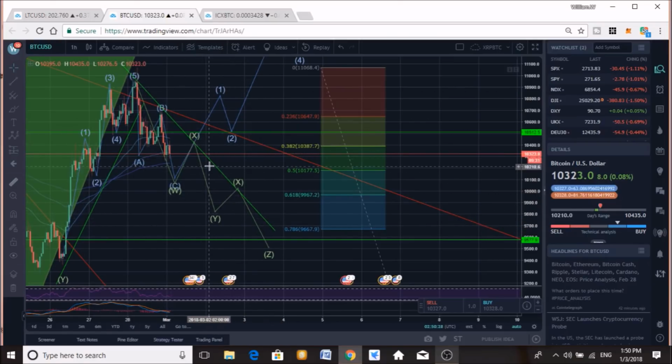So if you want a buy signal out of today's video, I will give it to you. I will be buying between 9,900 to 10,200. Ladder your buys, and I will be selling around 10,400 to 10,550 or 10,600.